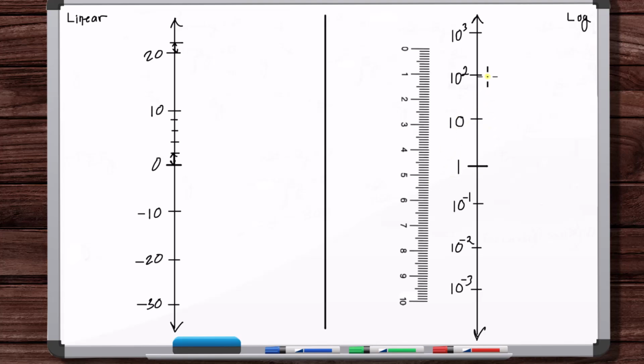Well, the parallel on the logarithmic scale is that any distance you move, like this distance here, if we move up, then we multiplied the starting number by something to get to the next number. That amount you multiplied by is constant no matter where you are. So if you moved the same distance up here, you're multiplying this starting number by that same exact number to get to the next number.